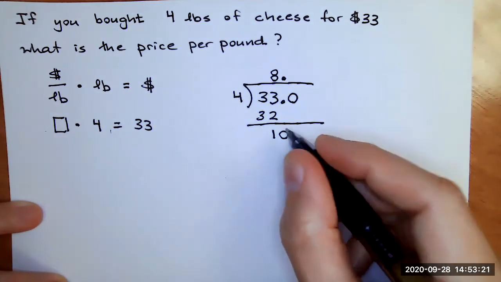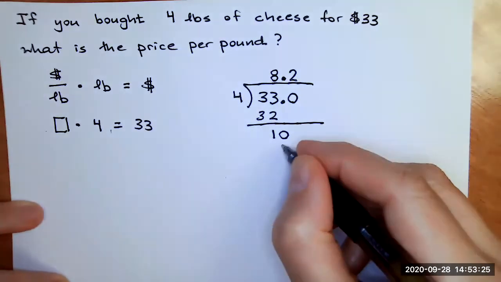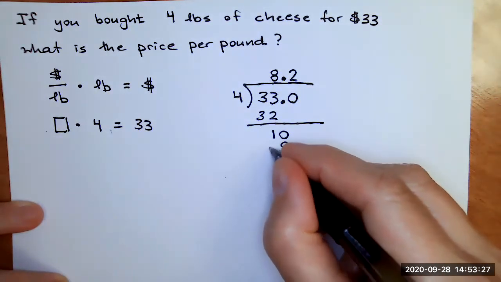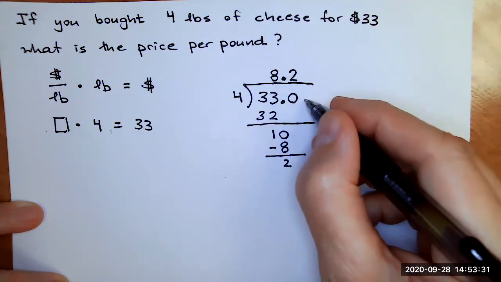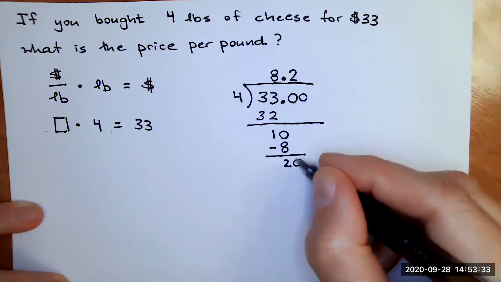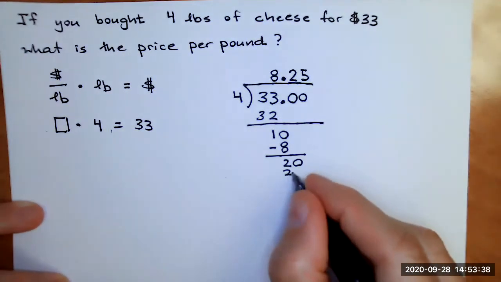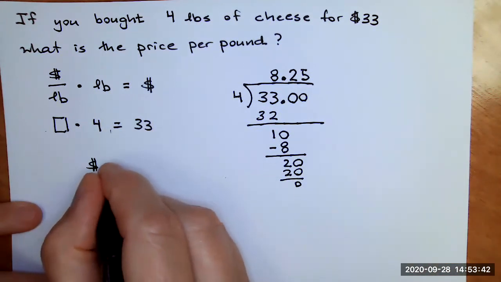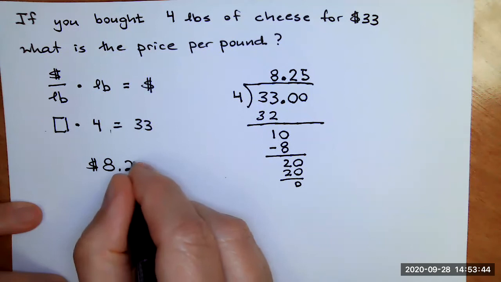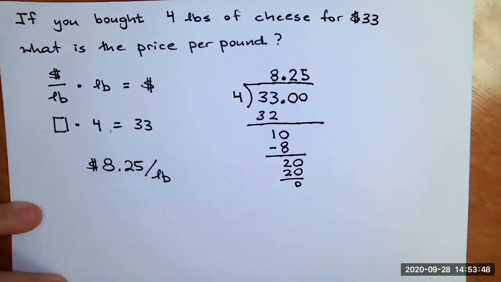Bring that down. 4 goes into 10 2 times. 2 times 4 is 8. I can add another 0. 4 goes into 20 5 times. So the price is $8.25 per pound.